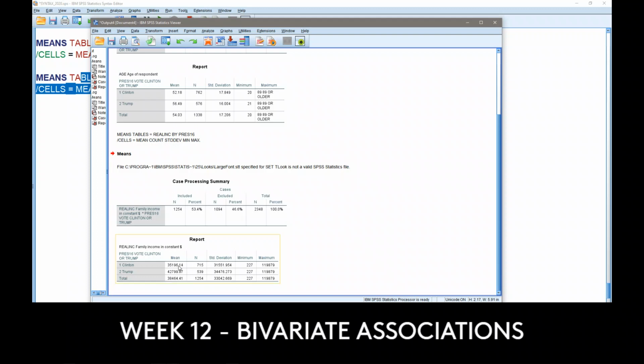We can right off the bat see that those individuals who voted for Trump have a significantly higher average of income than those who voted for Clinton. So Trump voters average about $43,000 a year, while the average Clinton supporter has an average income of about $35,000.